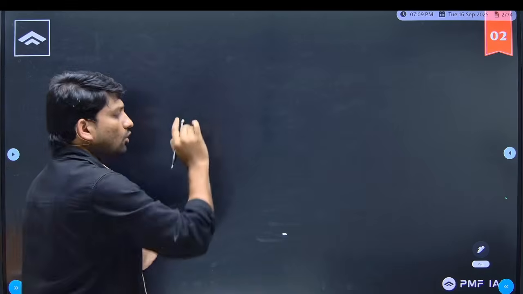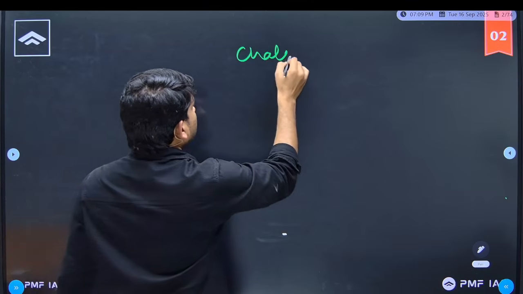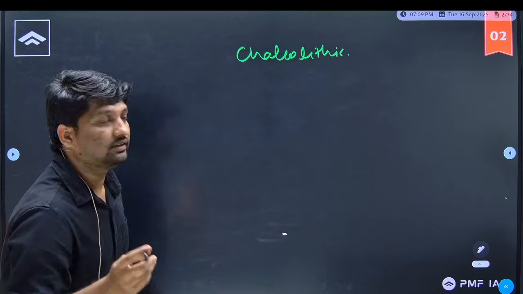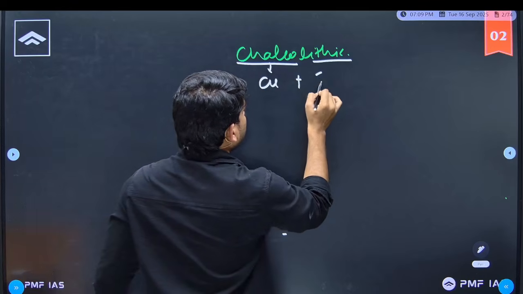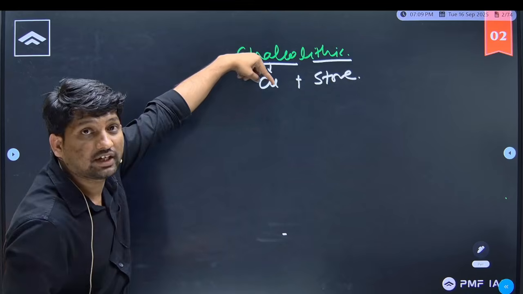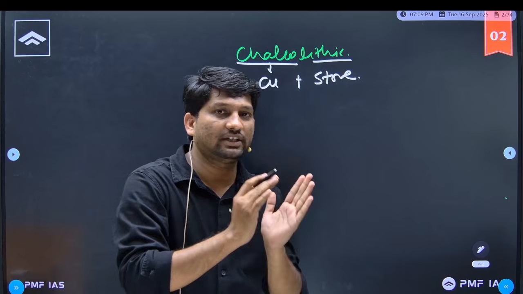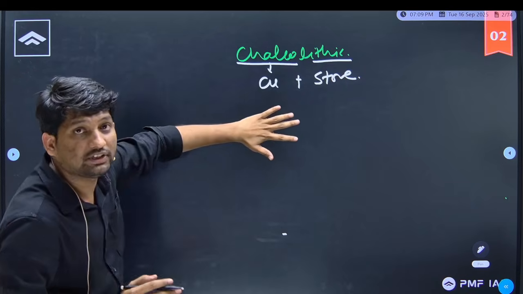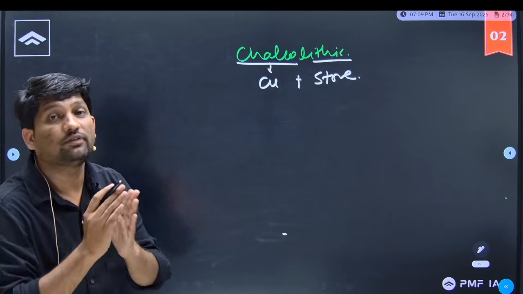Remember, the overall culture is Chalcolithic culture. What this means is people were dependent on copper plus stone. Though the overall culture is Chalcolithic, there are some variations. If you look at Rajasthan, they have a different type of culture. In Madhya Pradesh, they have a different type of culture. In Maharashtra, they have a different type of culture.